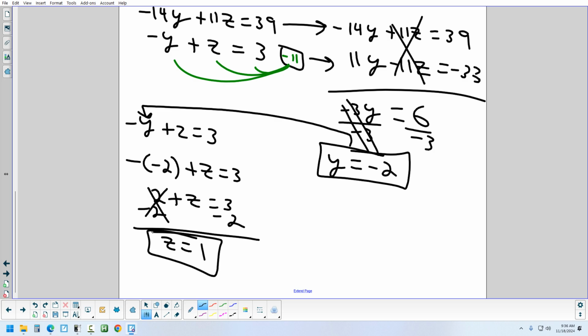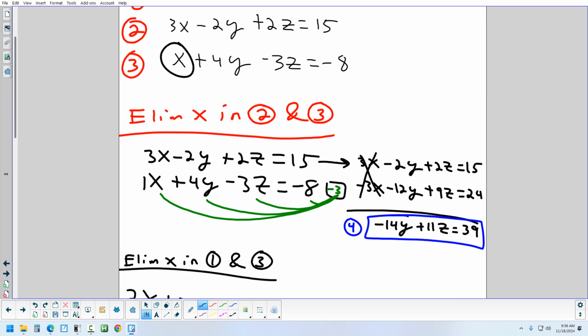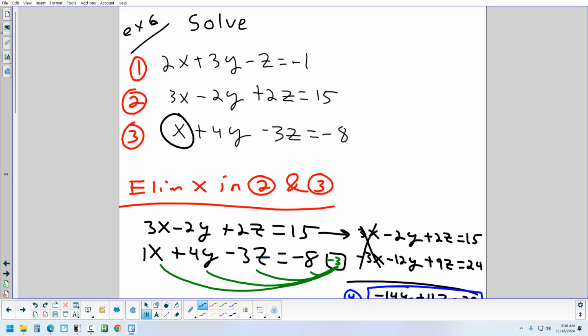So I told you the second answer would come very quick after the first one. And the third one will be just as quick. What's the last letter we need to solve for? X. Yep, solve for x. And which equation, you can pick any of them. Which one do you think would be the easiest? 3.